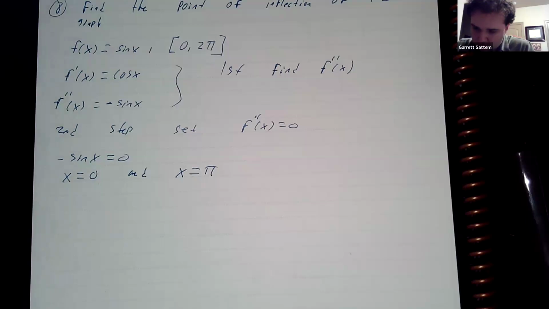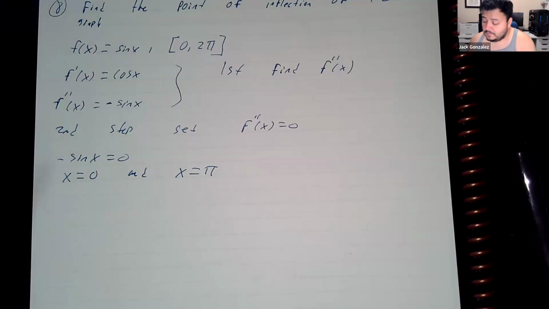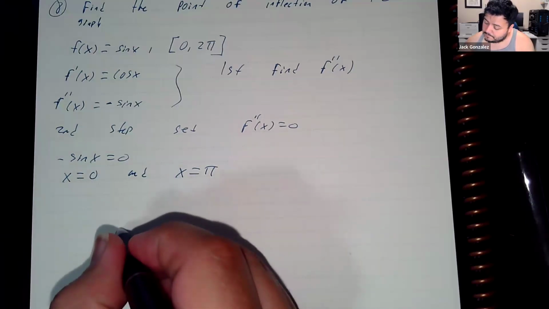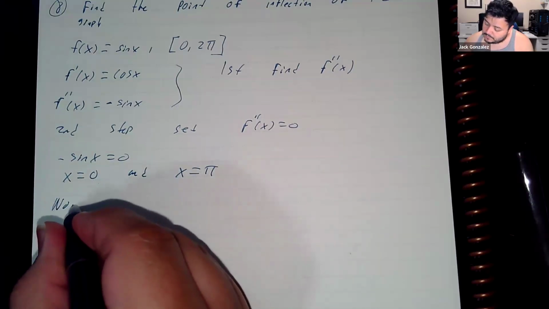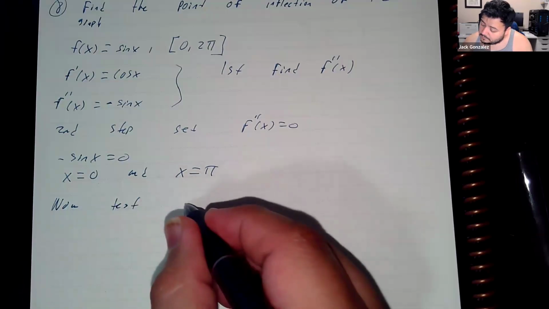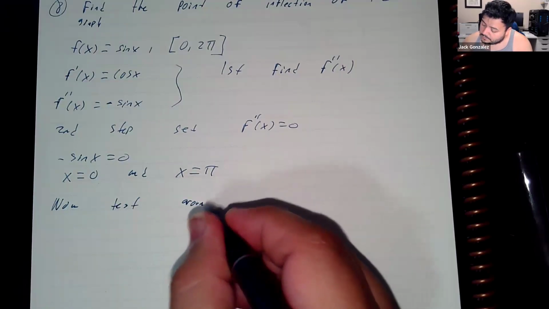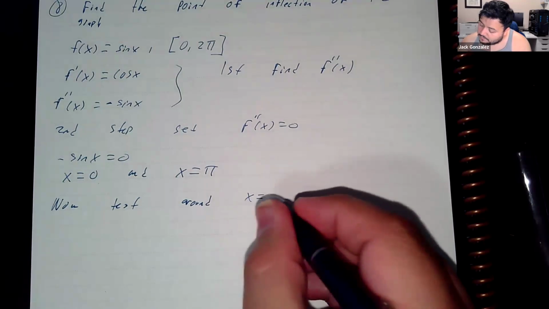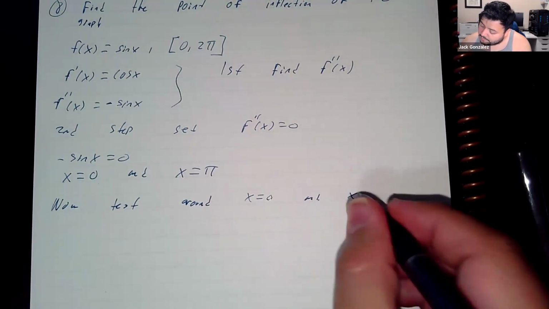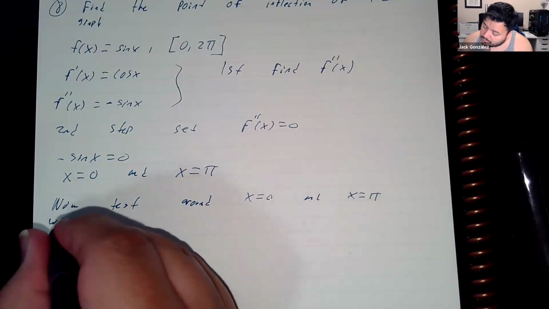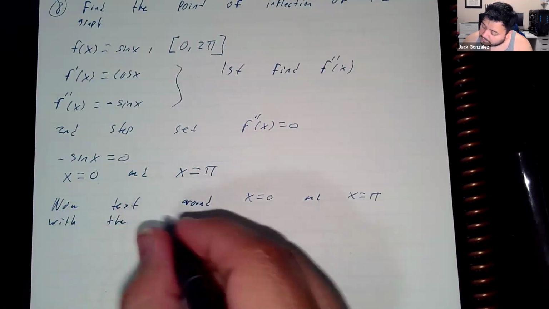Okay, so we have 2 points. Get a test around them. So now test around x equals 0 and x equals pi with the second derivative test.